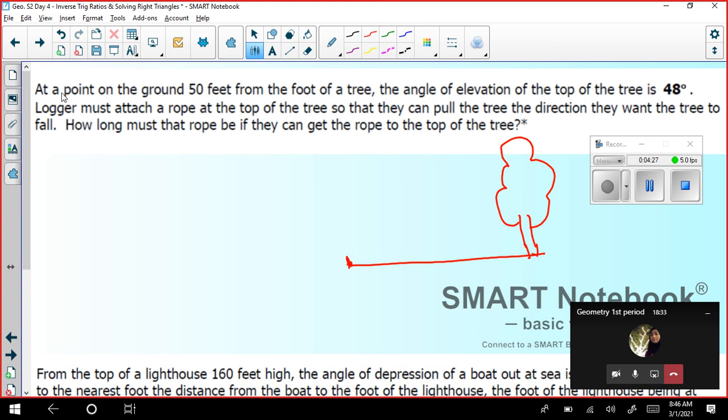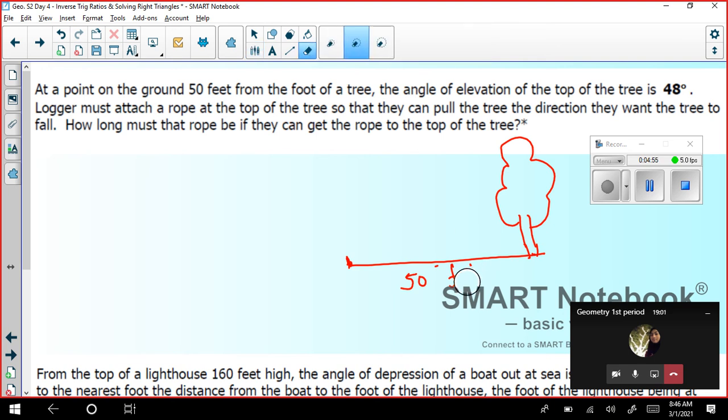You should be able to convert the sentences into a picture in case of these kinds of problems of angle of elevation and depression. So this particular distance is 50 feet.